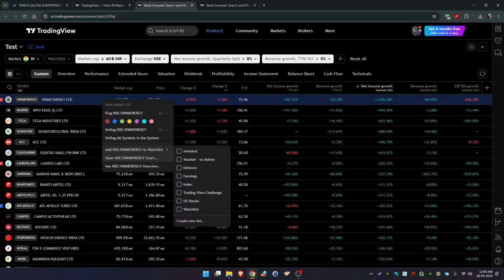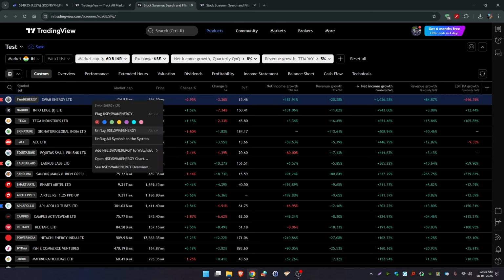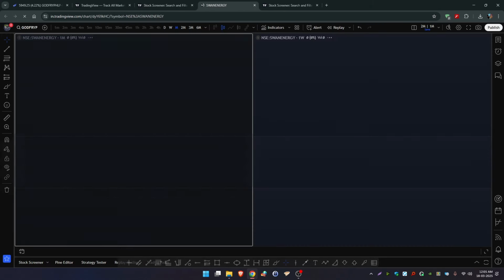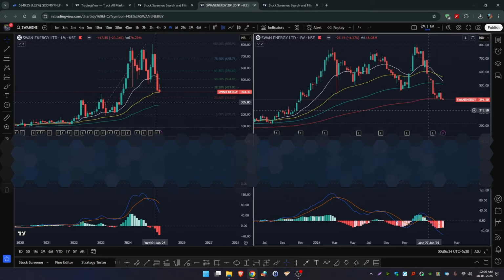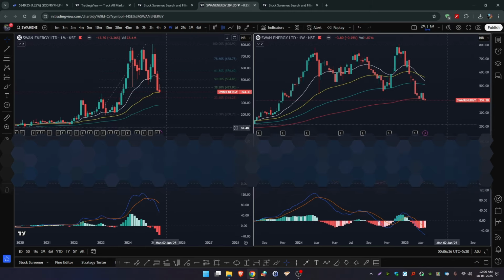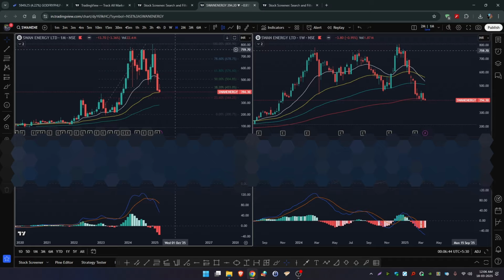Let me give you an example. If you want to view any stock, you right click and go to open Swan Energy chart. What you see over here is that the stock has corrected by quite a huge margin, almost 100%.